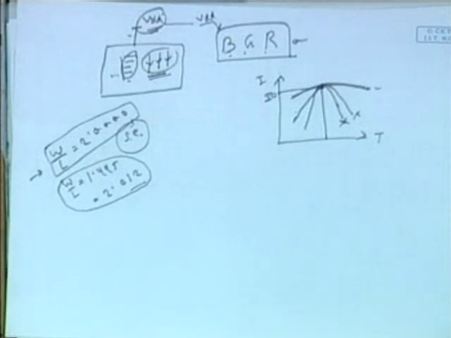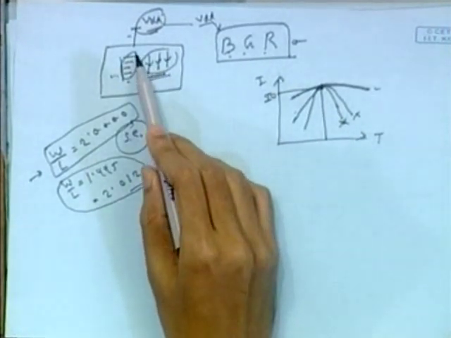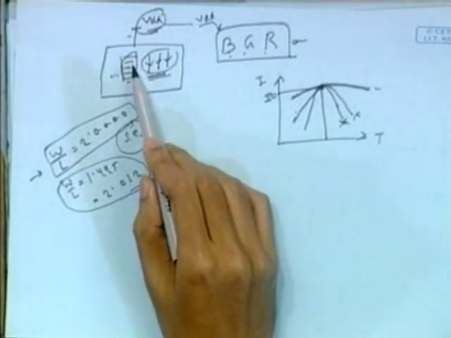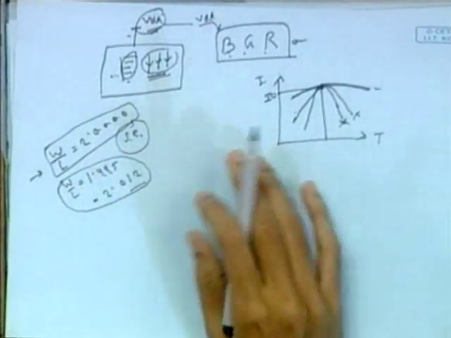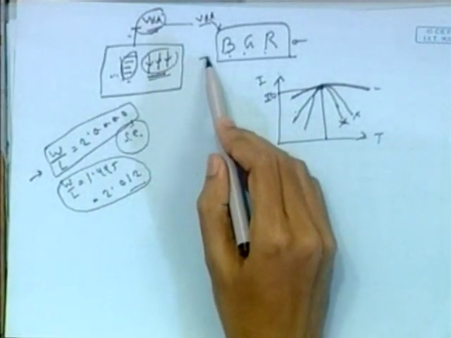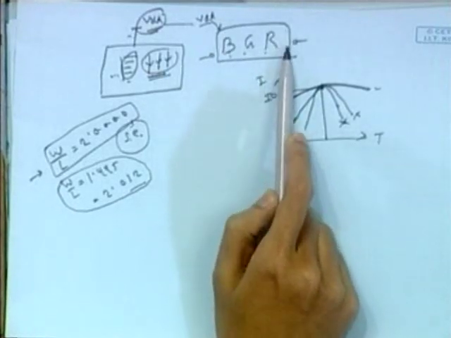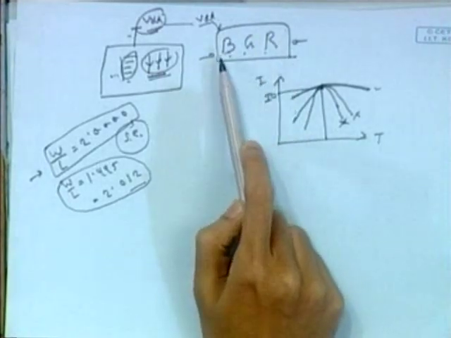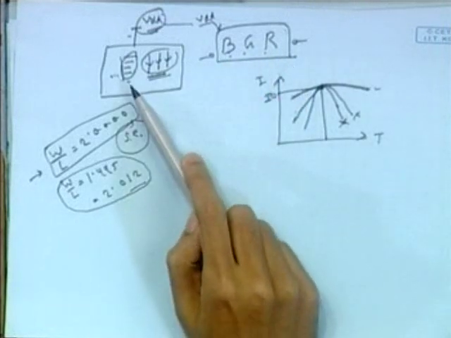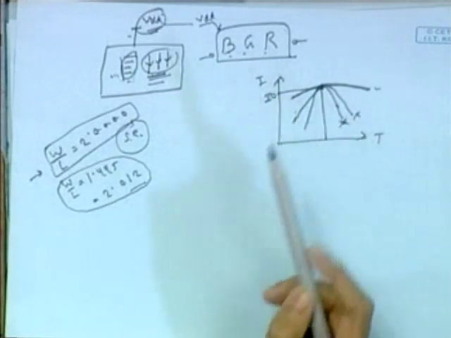Due to this variation also, the value of these reference currents and intermediate voltages will change. So that compensation also can be made in the BGR. So the BGR is a very important block that generates these voltages and currents, with their temperature and process variation compensation also.